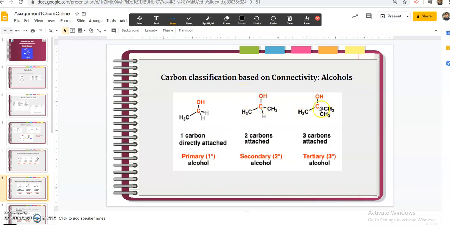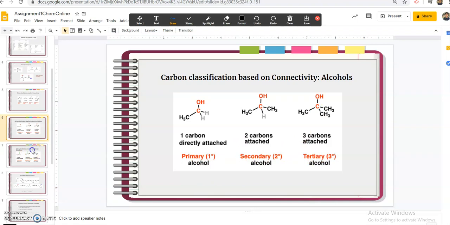If the OH is connected to a tertiary carbon, this is a tertiary alcohol. But we can't have a quaternary alcohol, right? Because you can't have an OH connected to a carbon which is in turn connected to four carbons. That is not possible because carbon can't make five bonds, right? That would be a Texas carbon, which is a satire for Texans, I guess. So: primary alcohol, secondary alcohol, tertiary alcohol.